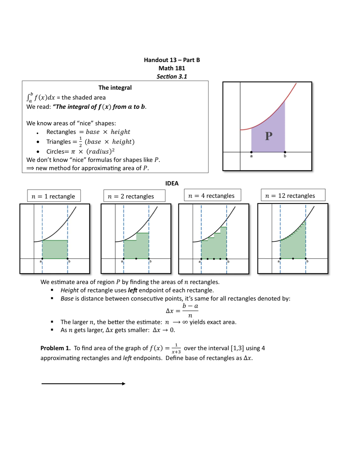All of these are trying to approximate the area of the region P circled above. And the case where we have n equals 12 rectangles is the one that does it the best.